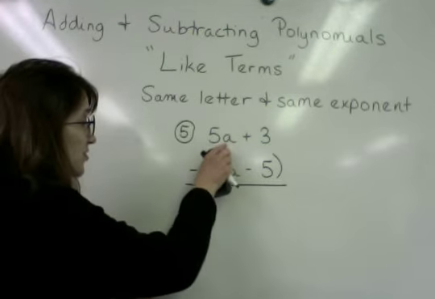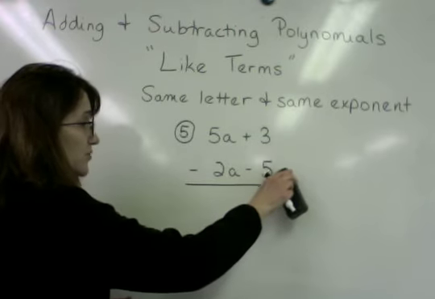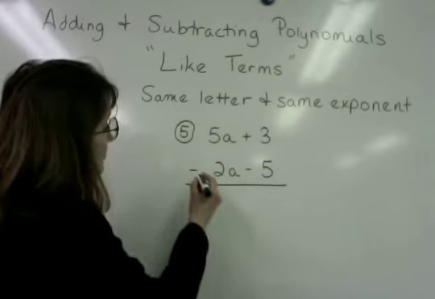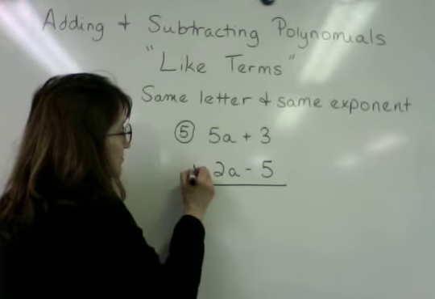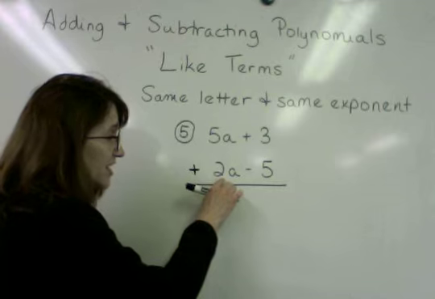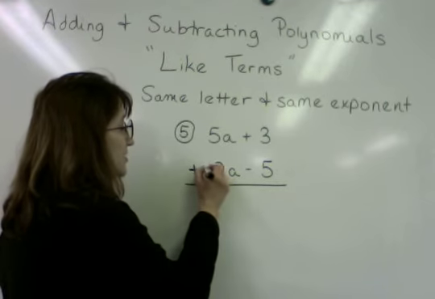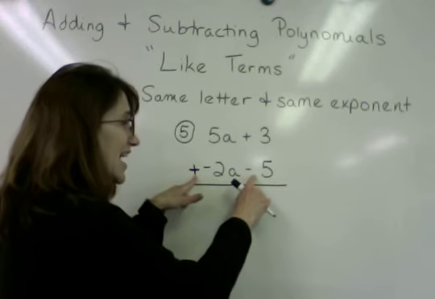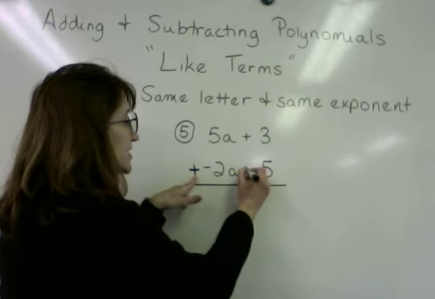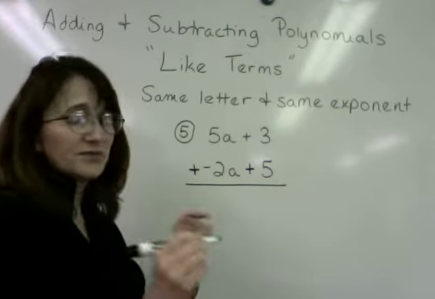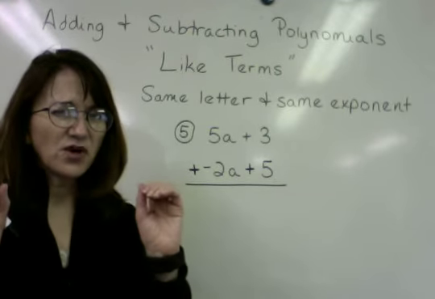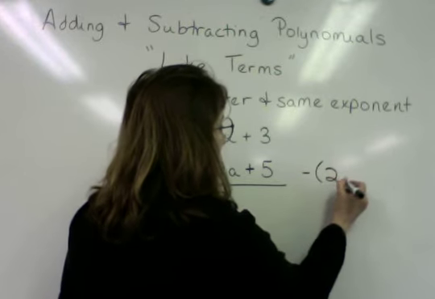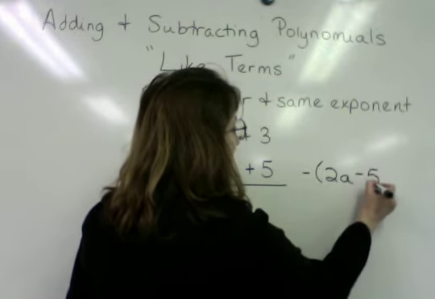I am not going to subtract this. You can mark this out if you want to on your homework or on your paper. But I'm going to change this to add. But I'm going to add not a positive 2a, but a negative 2a, right? I'm going to add not a negative 5, but now it becomes a positive 5. So let me tell you kind of what's happening when you're doing that. You remember this is what it looked like: 2a minus 5.